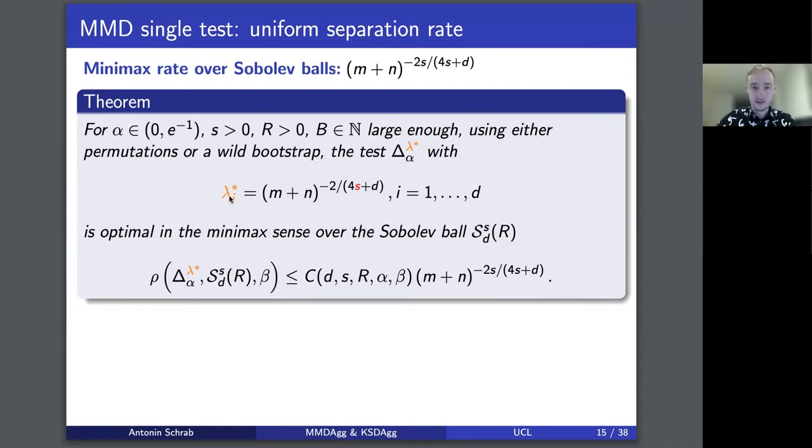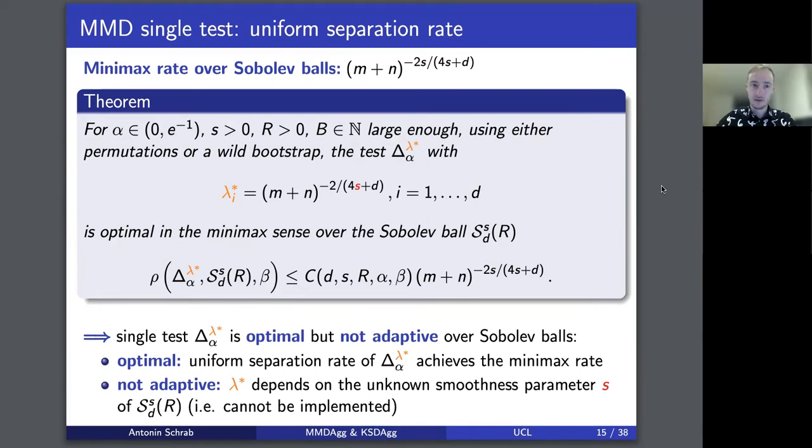So if we fix our bandwidth to be this quantity, which depends on s, then we can show that we obtain exactly the minimax rate. This means that the uniform separation rate of this test with this chosen bandwidth lambda star is upper bounded by some constant times the minimax rate.